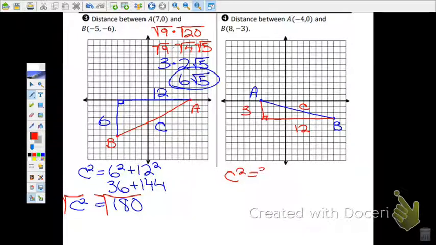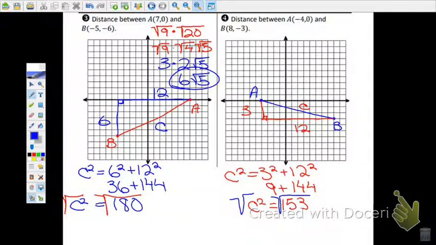C squared equals 3 squared plus 12 squared. What's 3 squared? 9. 12 squared, 144. Added together is 153. I need to take the square root of both sides. What's a perfect square that goes into 153? 9.